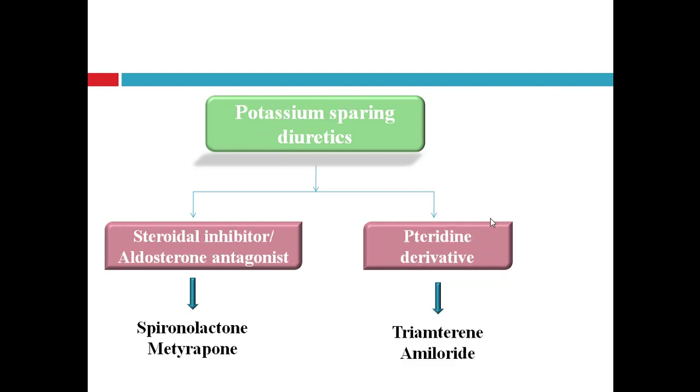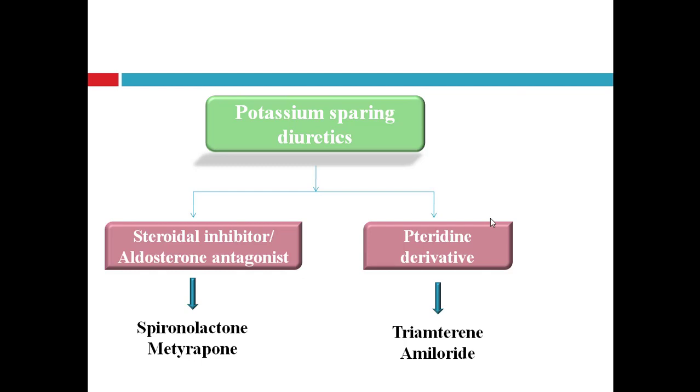Then potassium sparing diuretics. It is again divided into 2 parts, steroidal inhibitor, that is aldosterone antagonist, and second one is pteridine derivative. Steroidal inhibitors have a structure like steroids, or contain the steroid nucleus. Examples are spironolactone and metidapone. Important is spironolactone.